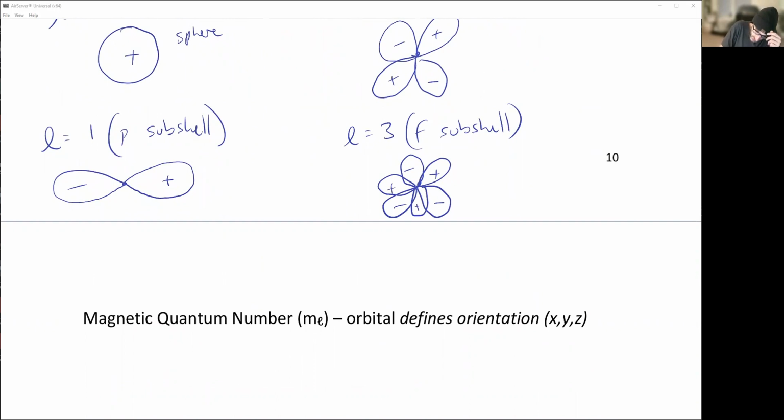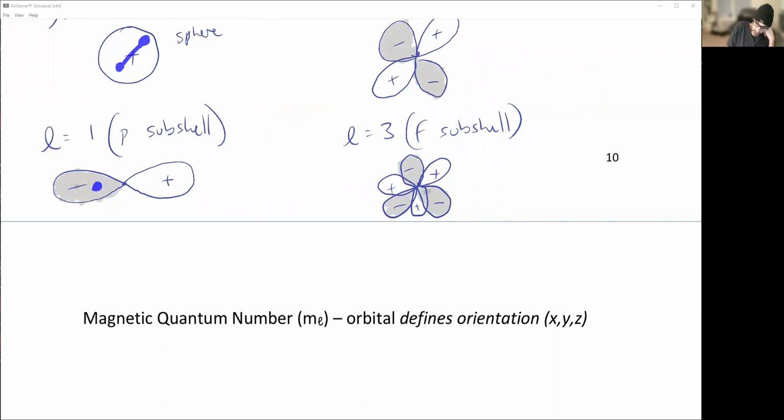Something to note, the reason that these things are somewhat important: if we color all of the negatives gray here, negative, negative, negative, what you'll notice is, if I start here and go across through the origin, it's the same sign.